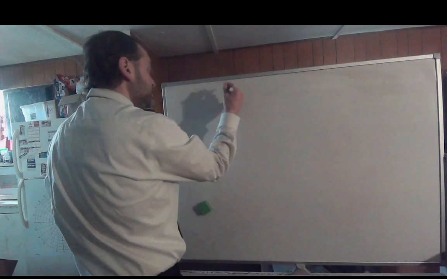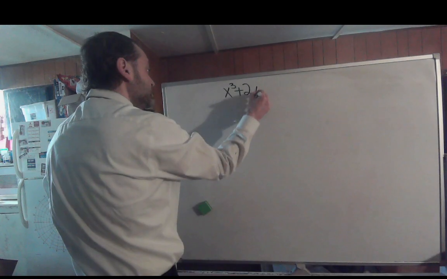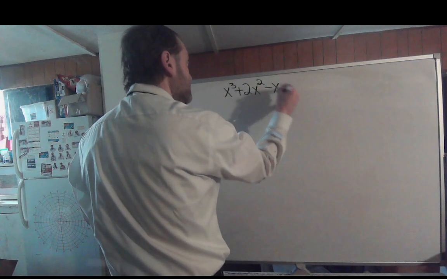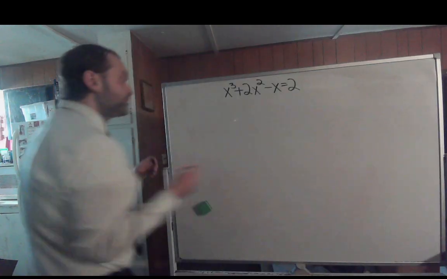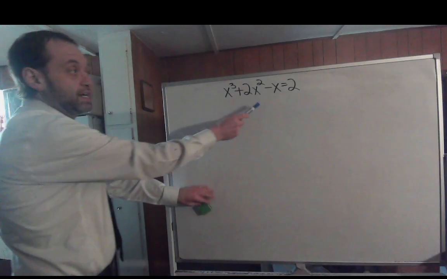We have x to the third plus 2x to the second minus x is equal to 2. So x to the third plus 2x to the second minus x equals 2.